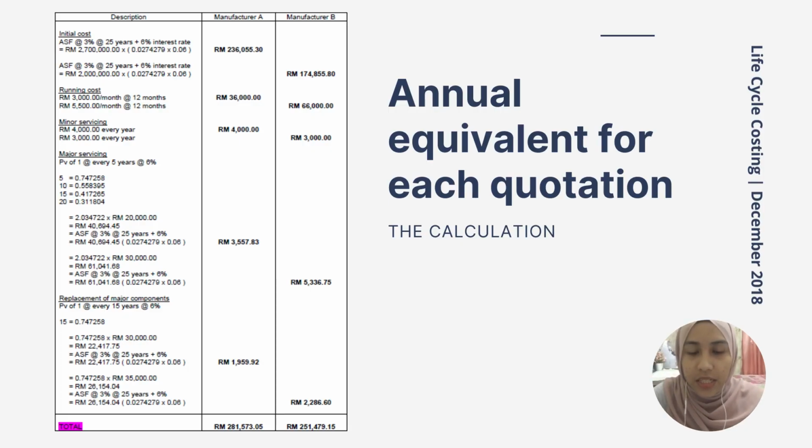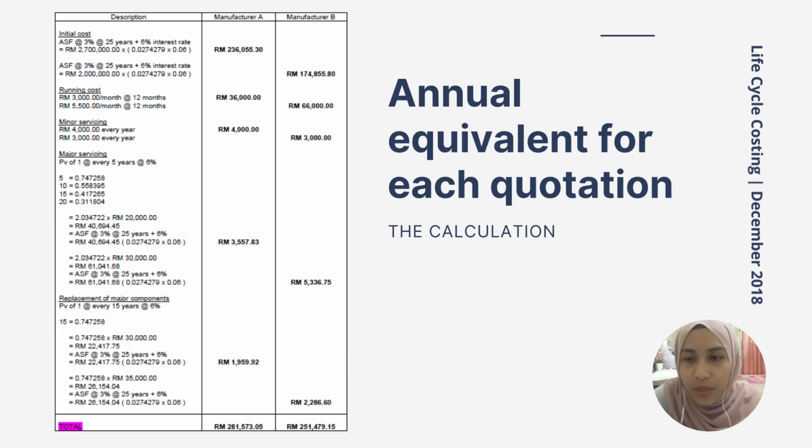The first one, initial cost. The formula ASF plus interest rate is used in the calculation of initial cost. For manufacturer A, 2,700,000 times 0.0274279, got from the valuation table, times interest rate 0.06, got RM 236,055 and 30 cents.